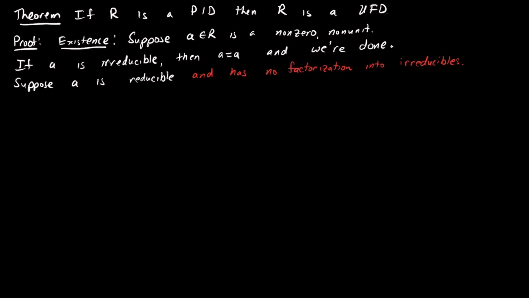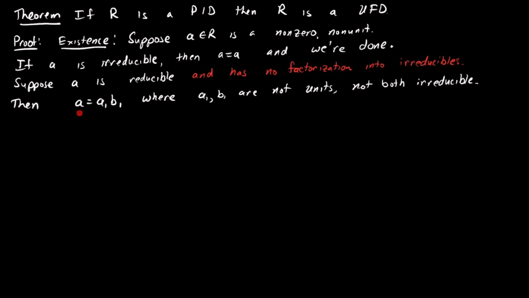So suppose I found an element that has no factorization. Well, again, what does that mean? A can be written as A1 times B1, where A1 and B1 are not units and not both irreducible, right? If they're both irreducible, then I have a factorization of A into irreducibles. So either A1 is not irreducible or B1 is not irreducible or both.